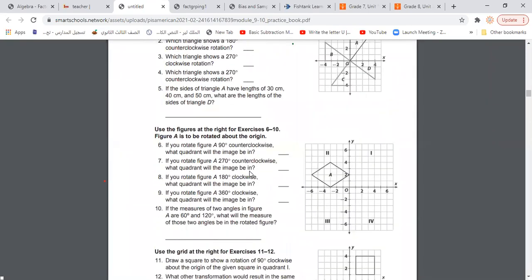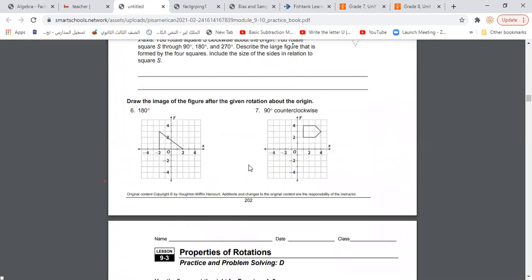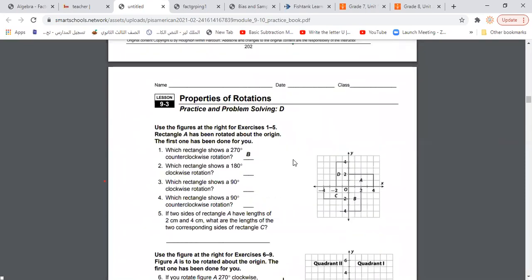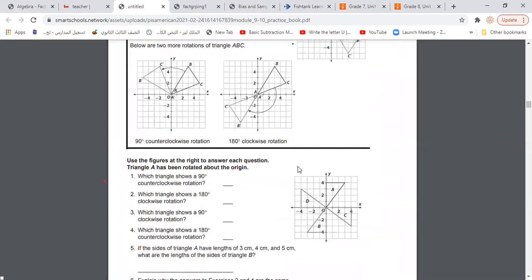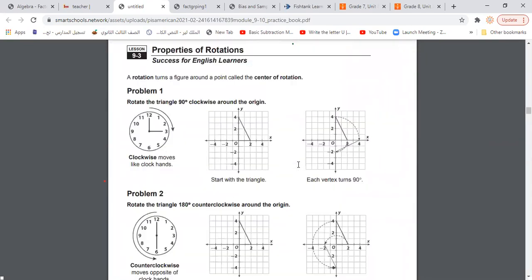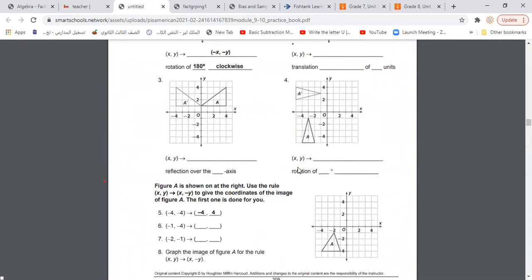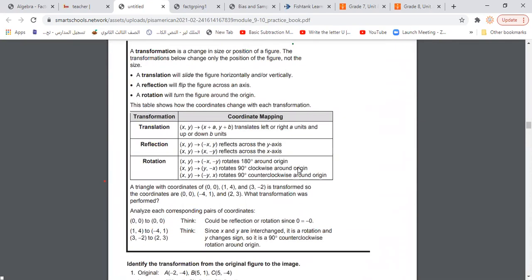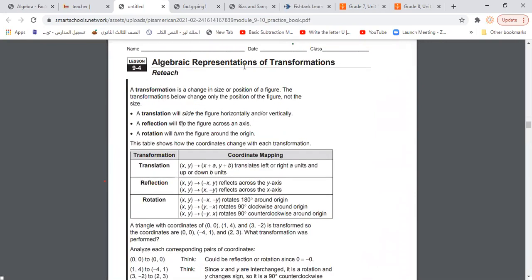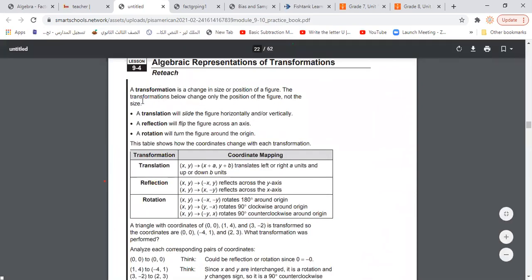Okay, let's answer the question about dilation. This page is for algebraic representations of transformation. So this is a general review about translation, reflection and rotation, and you have the rule for each one.